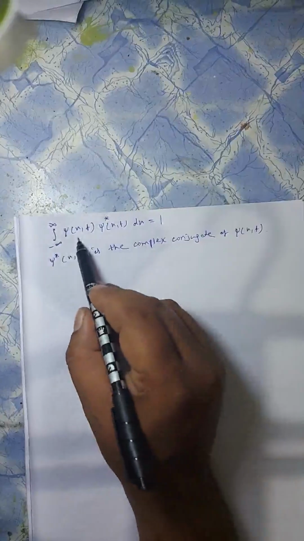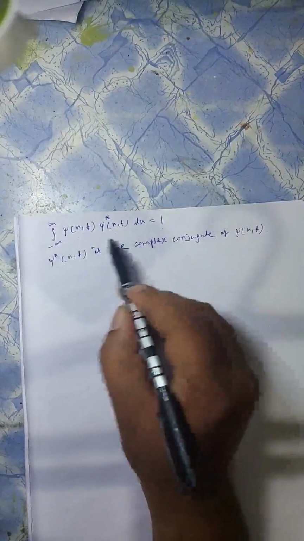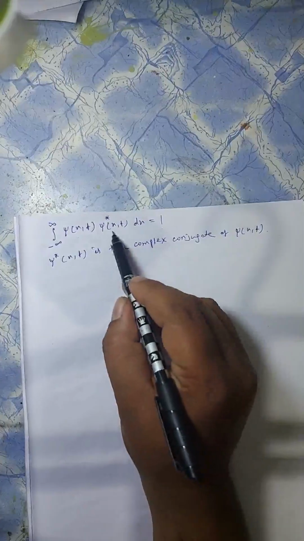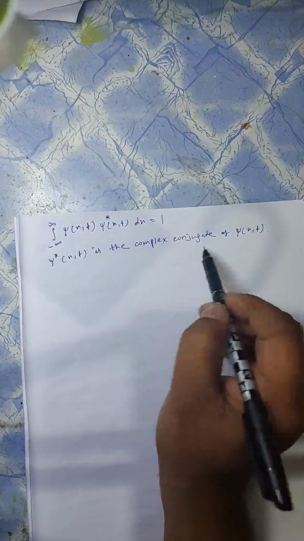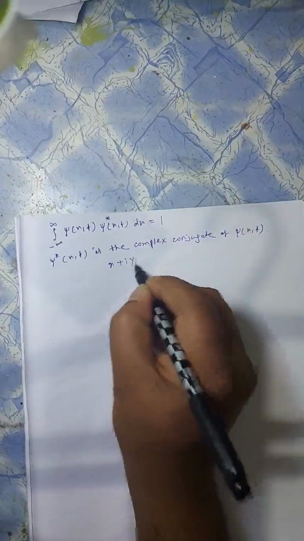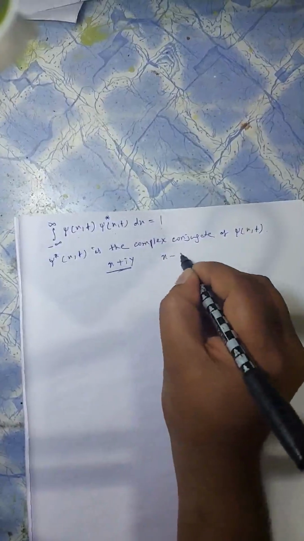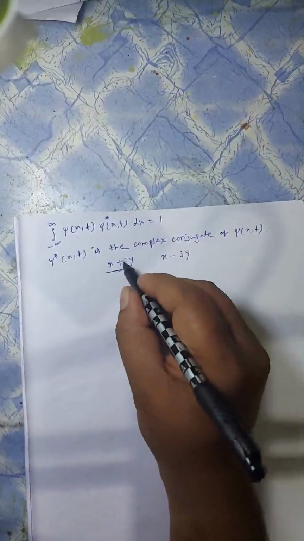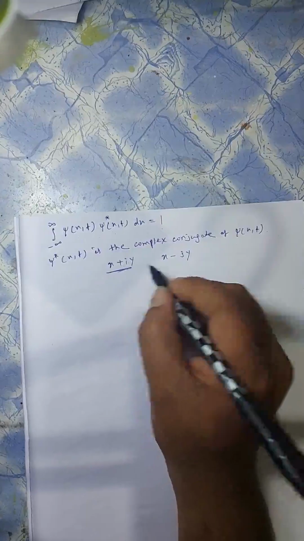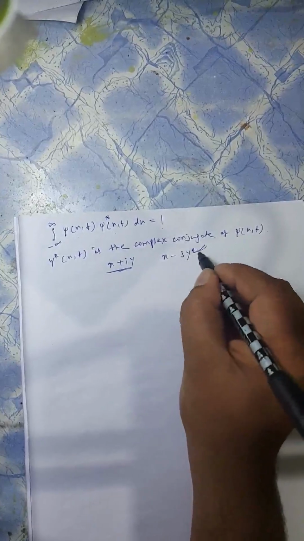If the integral of psi(x,t) and psi asterisk(x,t) is equal to 1, then we call that this function is normalized. Asterisk means complex conjugate. Suppose x plus iy, the complex conjugate of this function is x minus iy. If the sign of the imaginary part changes, then we call it the complex conjugate.